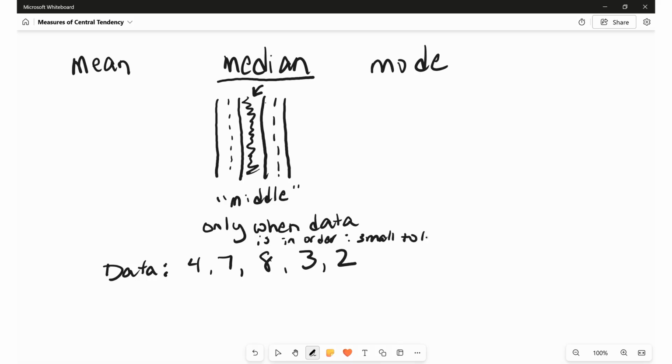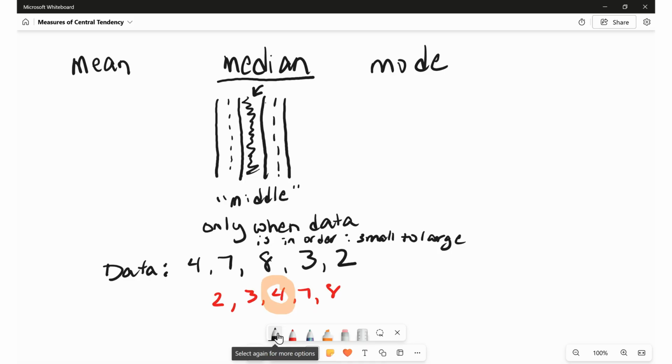Small to large. Okay, so we would need to rewrite this data as 2, 3, 4, 7, 8. And at this point, the median is now in the middle because our data is in order from smallest to largest.